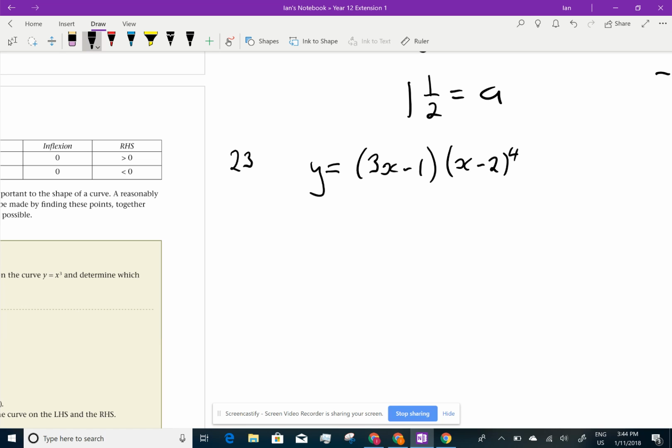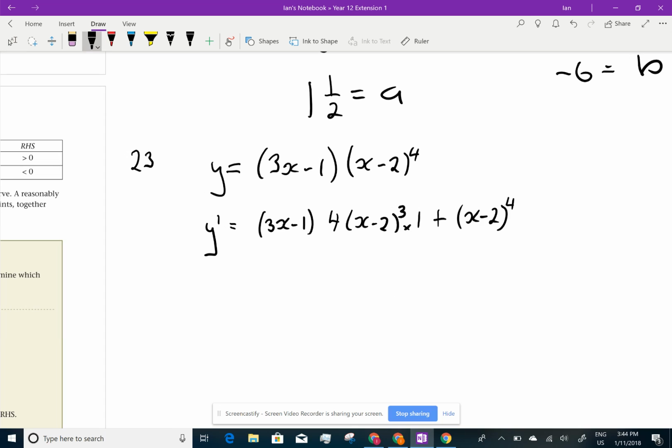And we've got to find the stationary points, the points where the curve is stationary. Well, it's a product rule. So y dash is the first, 3x minus 1, times the derivative of the second, or 4 outside of x minus 2, all cubed, times the derivative of what's inside, 1, plus the second, x minus 2 to the 4, times the derivative of the first. Well, the derivative of the first is just 3.